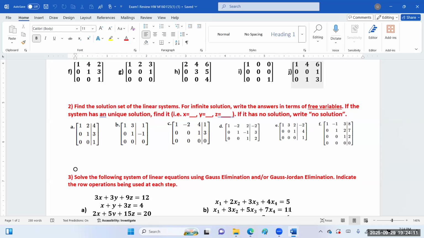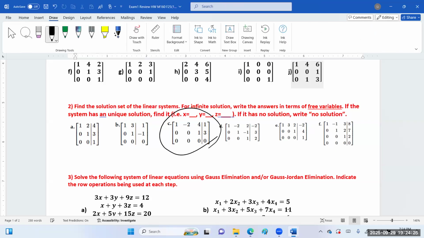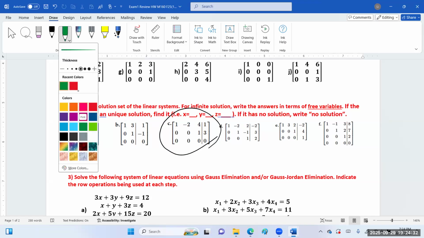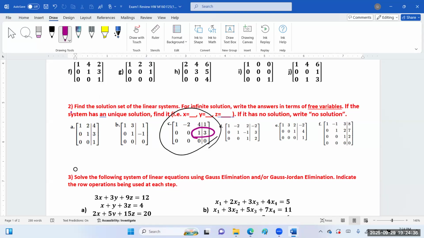Which one has infinite solutions? This one has infinite solutions. So how do you know? If you don't know, no problem. You're going to figure out. So you start from here.